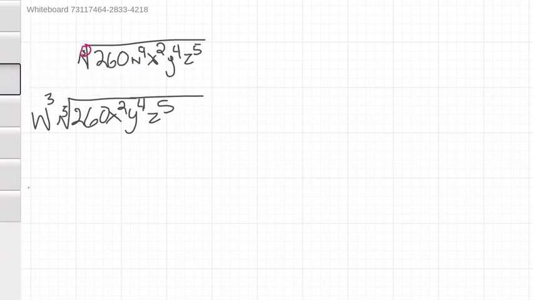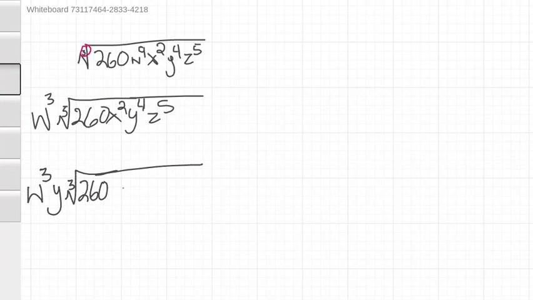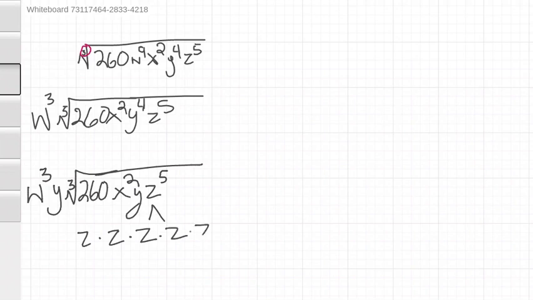So now we have w cubed y times the cube root of 260x squared z to the 5th. And we're going to add our y. Now z to the 5th is just z times z times z times z times z.